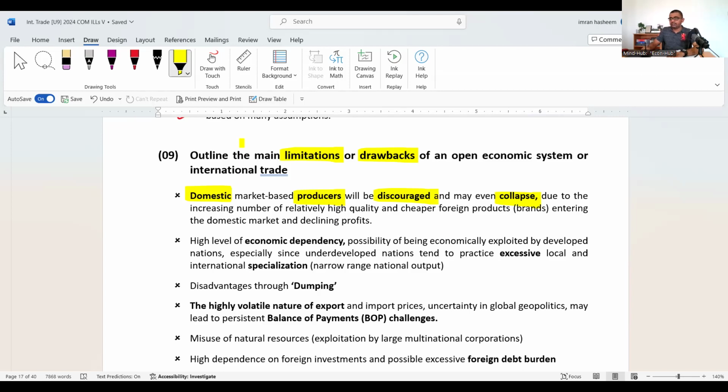Right. Then, okay, high level of economic dependence. That's a major issue that we face.